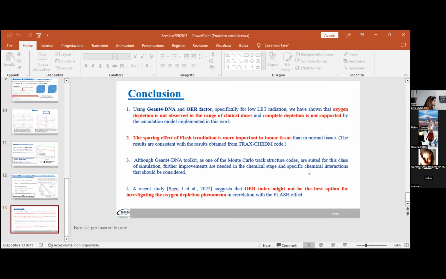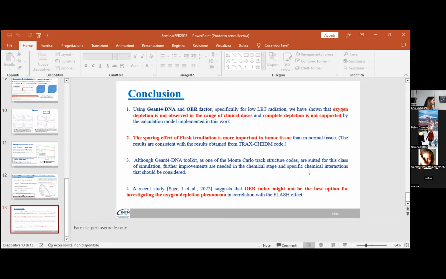At the moment I don't have any answer to these questions, because it's a paper published in 2022 and I don't have enough time to read all of it. But the community is looking for other possibilities. Oxygen depletion is one; there are other explanations for FLASH.